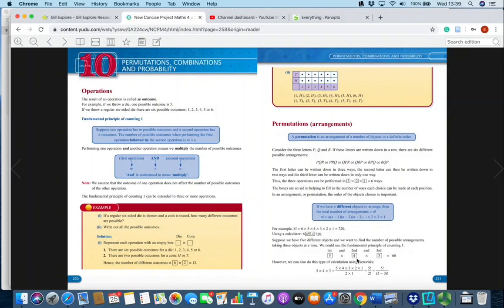I'm down to 4 objects for my second one. Those 2 are in place, and I'm down to 3 objects for the third one. So when you go 5, and because it's 'and', one object and 2 objects and 3 objects, you end up multiplying all the values together. So you have 60 different possible arrangements where you can take 3 objects at a time from a pile of 5 objects.